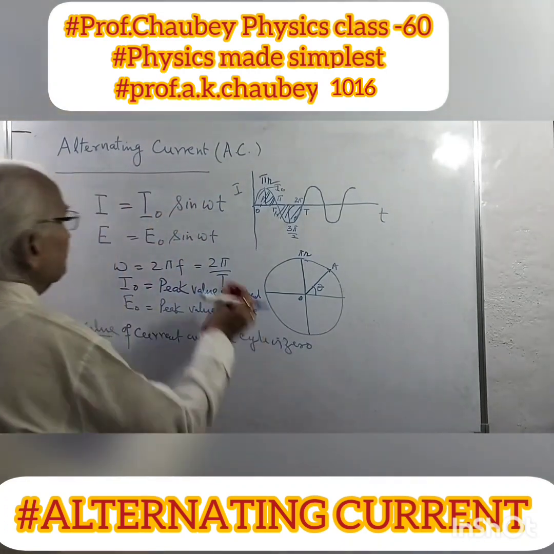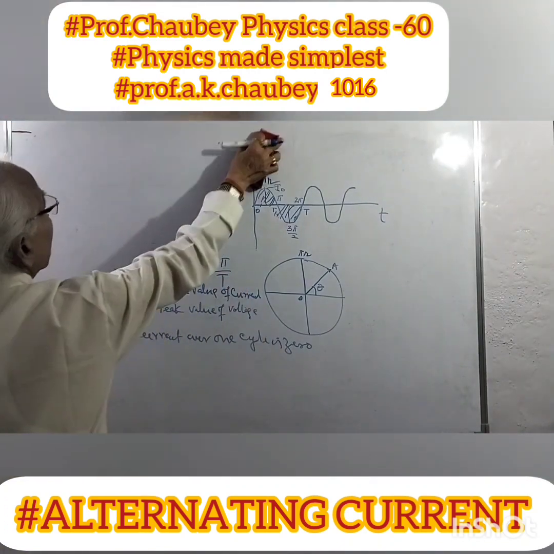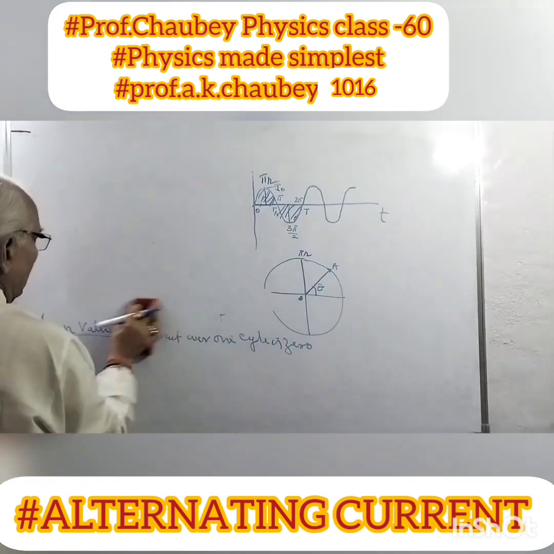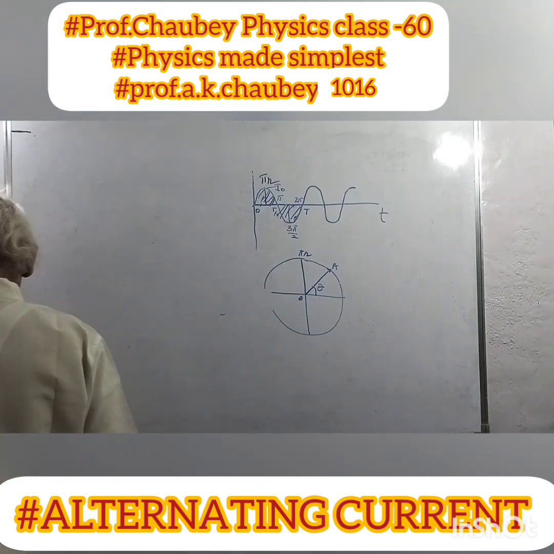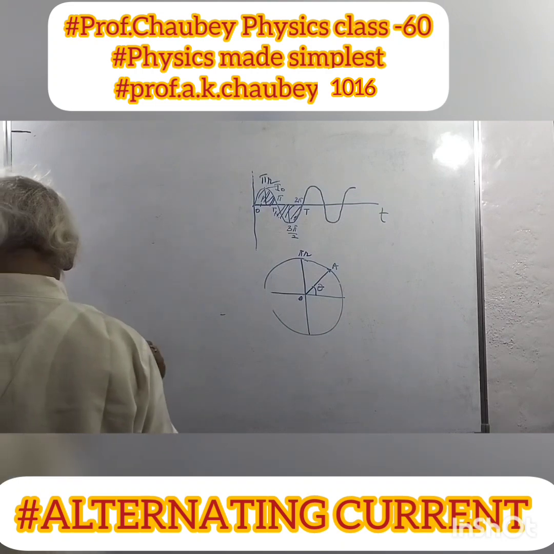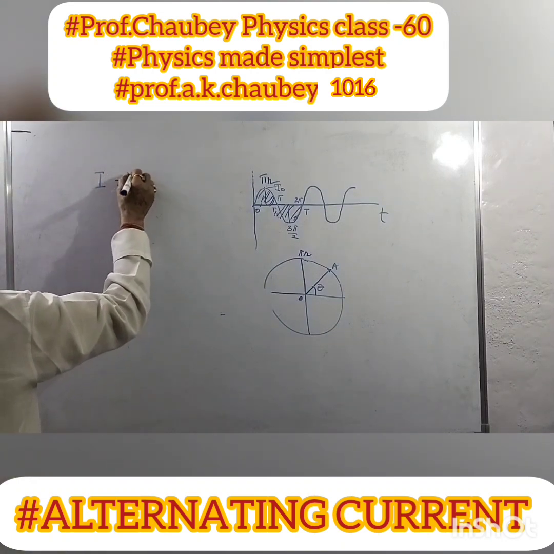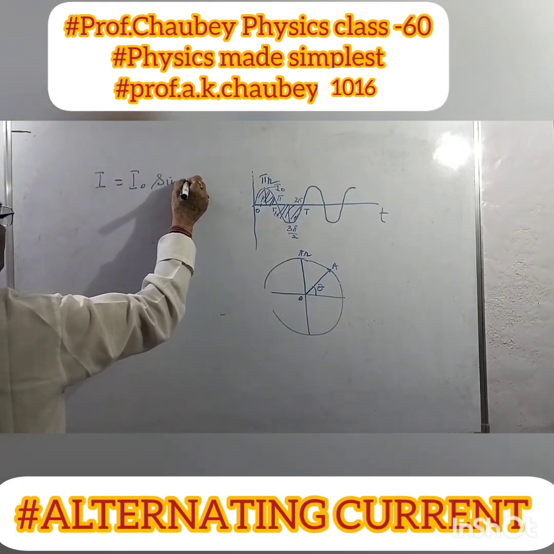Well, you can see this mean value mathematically also. Say I is equal to I naught sine omega t.